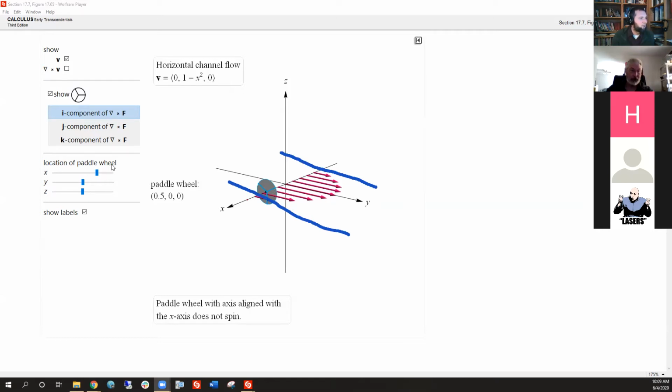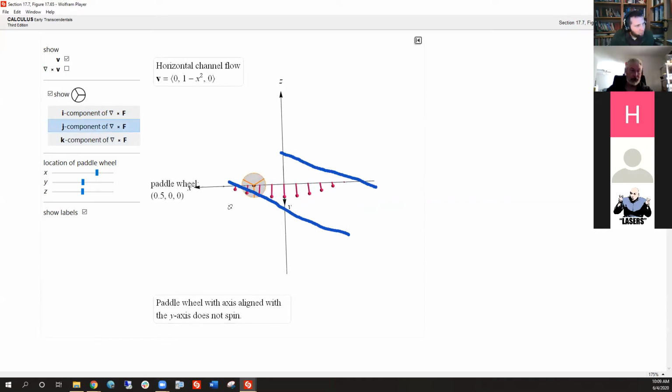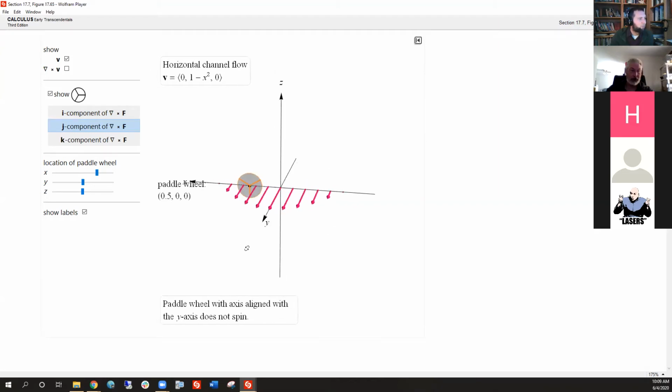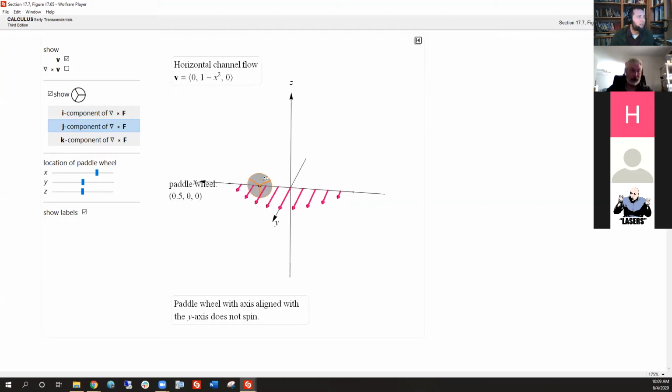If we put it in this way, again, there's a lot of pressure on the paddle wheel. It could break, but it's not going to spin because everything is just hitting it directly.